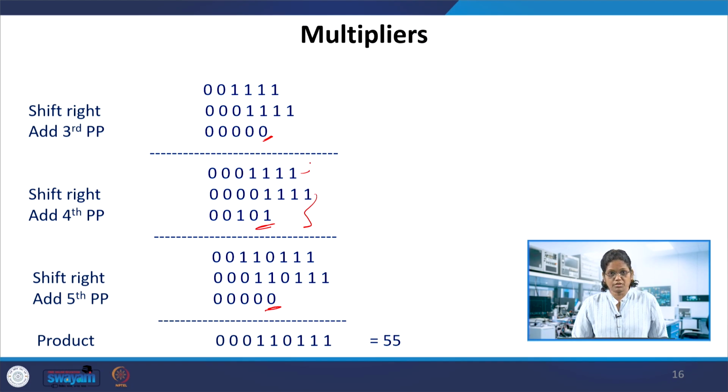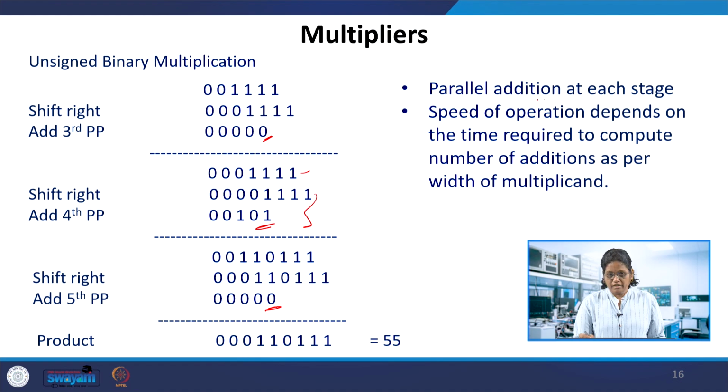So this is not the conventional addition, but using a shift register and an adder, we can perform this multiplication process. In this case there is parallel addition at each stage, and the computed result needs to be shifted and added here. The speed of operation depends on the time required to compute, that is, the number of additions required, which depends on the number of bits we want to multiply.